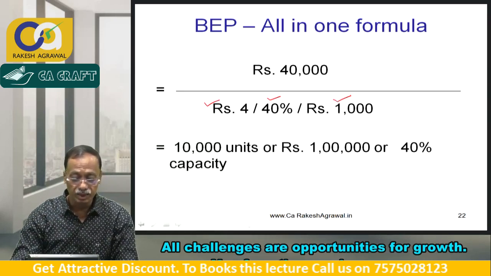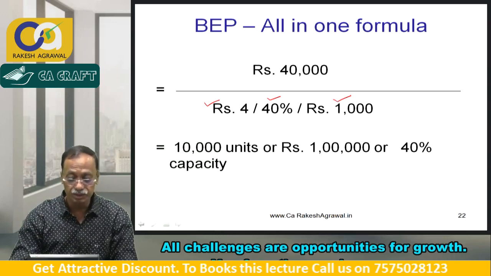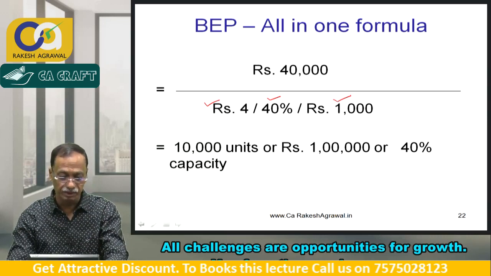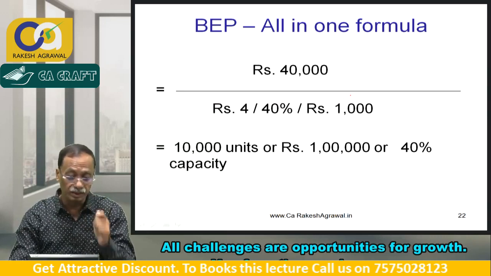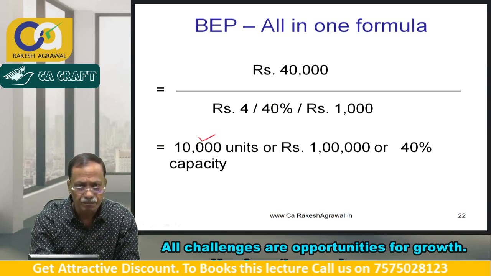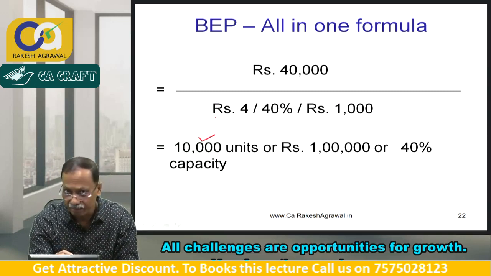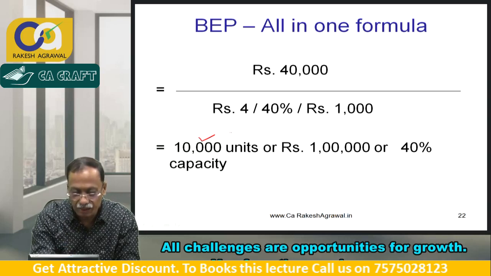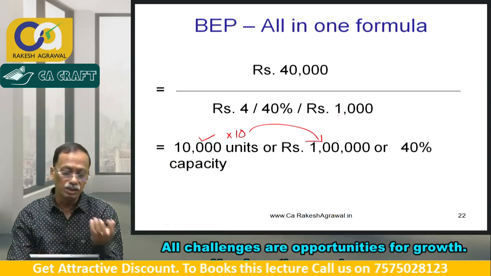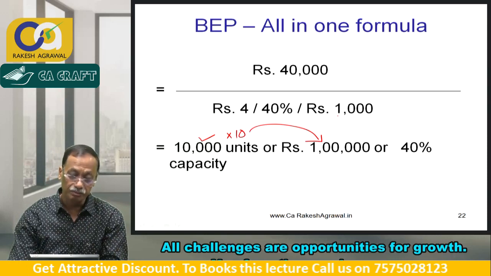You will get these 3 answers: 10,000 units, or rupees 1 lakh, or 40% capacity. All 3 mean one and the same, my dear friends. You are selling 10,000 units to achieve BP and your sales price per unit is 10. So 10,000 units sold at the rate of 10 will generate a sales revenue of 1 lakh. So in rupees it is 1 lakh, or in units it is 10,000, one and the same.